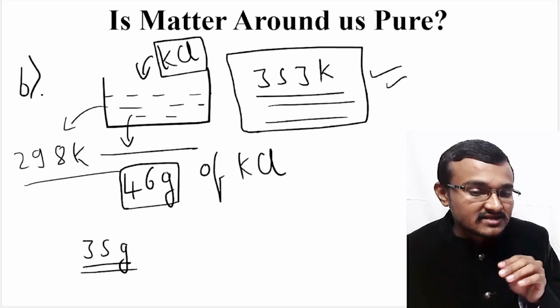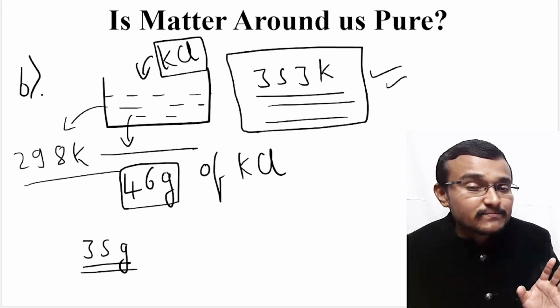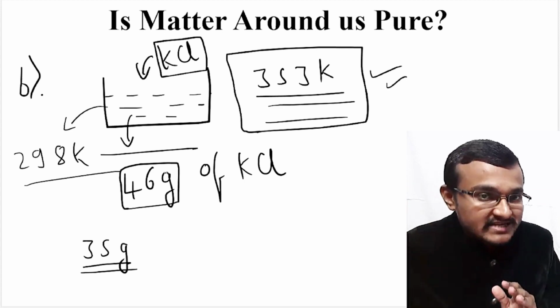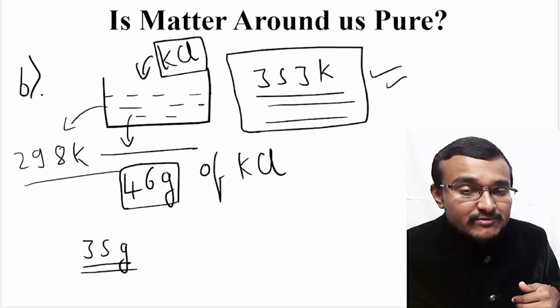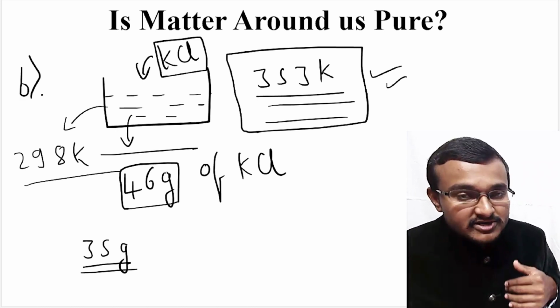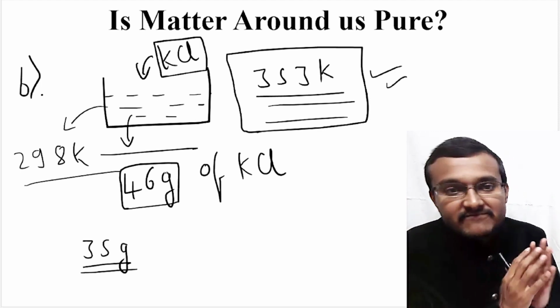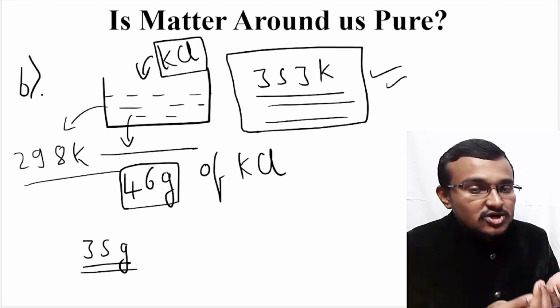Because at room temperature, somewhere around 35 gram of KCl can only be dissolved completely in this 100 gram of water. But when the temperature was increased, it could dissolve more KCl, that is up to 46 gram of KCl. But now the water is cooled back. So only somewhere around 35 gram will be dissolved and the remaining amount of KCl will not be dissolved in that solution.